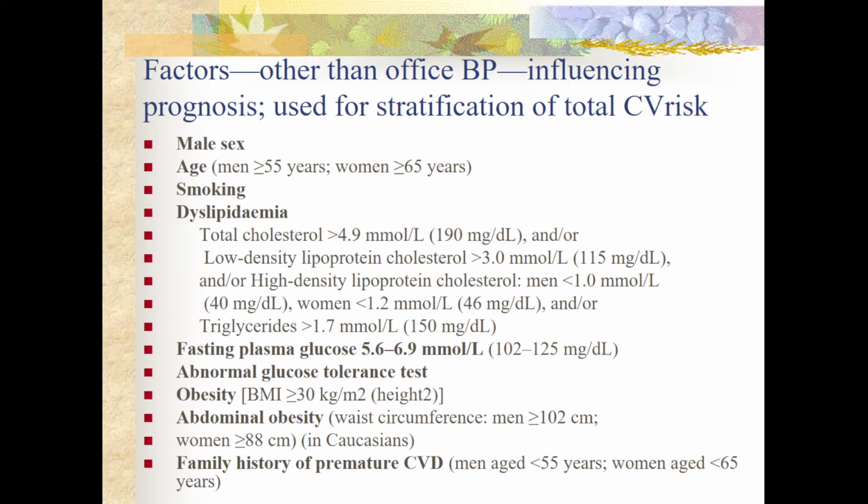Abdominal obesity, waist circumference in men more than or equal to 102 centimeter, in women more than or equal to 88 centimeter. Family history of premature cardiovascular disease: men aged less than 55 years, women aged less than 65 years.